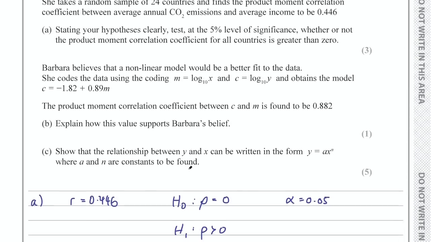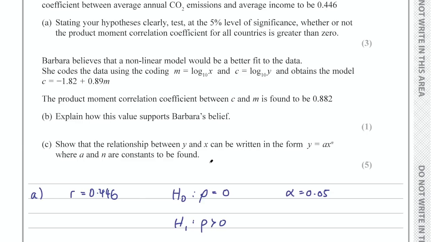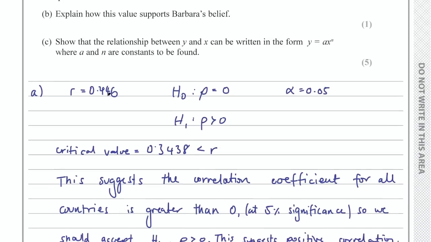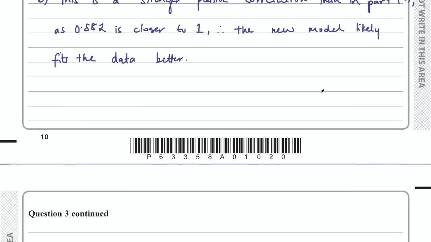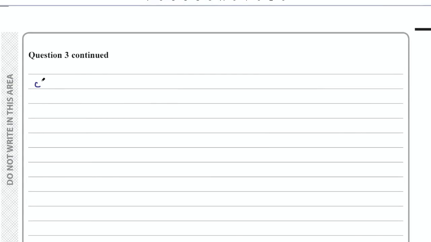Okay, so that was part B, and part C says show that the relationship between y and x can be written in the form y equals ax to the power n, where a and n are constants to be found. For this question, you need to use this equation here, c equals negative 1.82 plus 0.89m, and then write it in this form. So I might do part C down here.